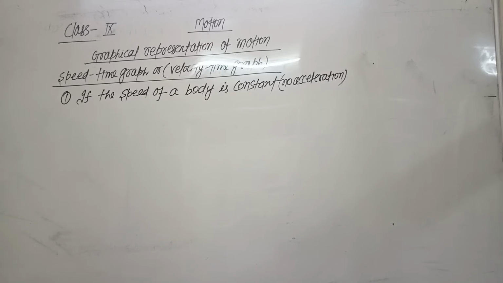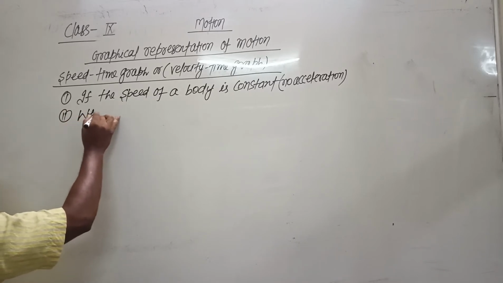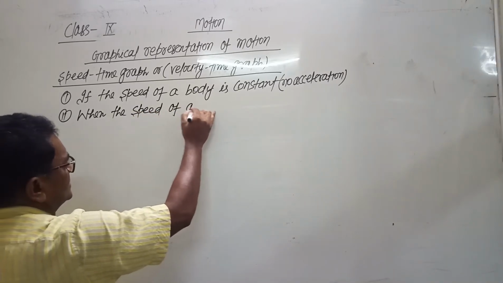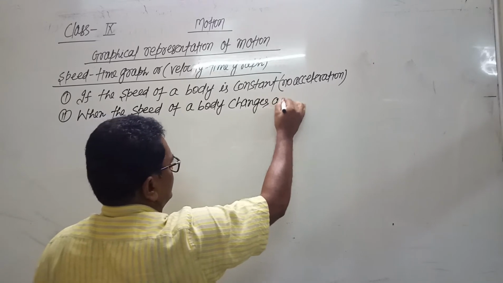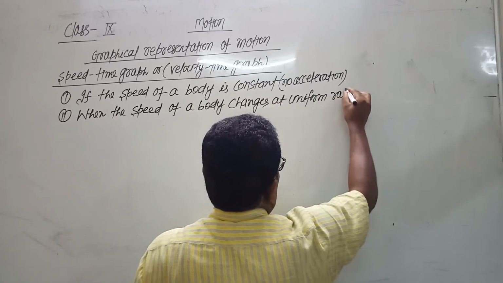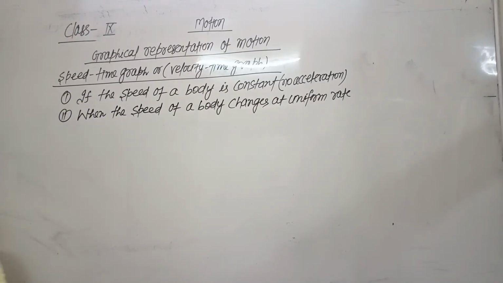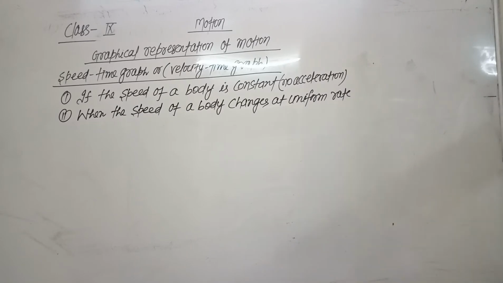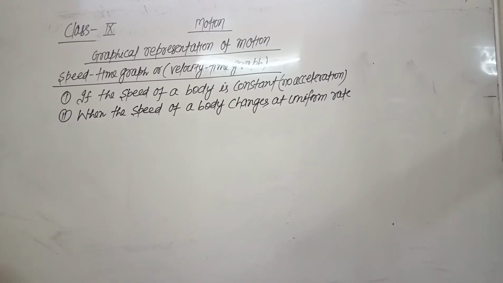Next, when the speed of a body changes at uniform rate, it means the body has equal speed in equal intervals of time.